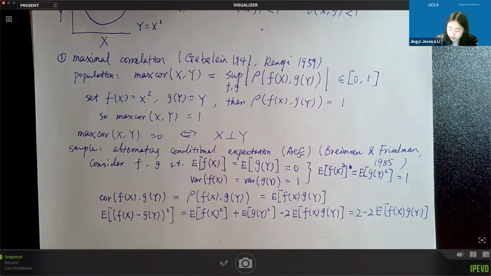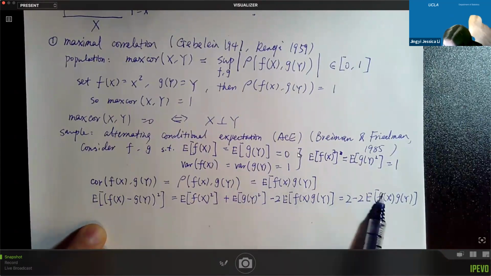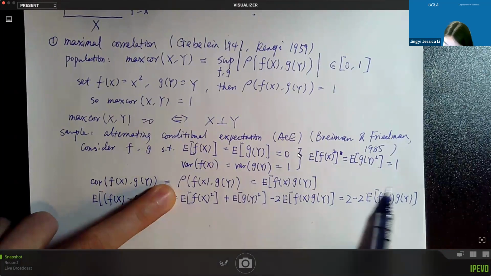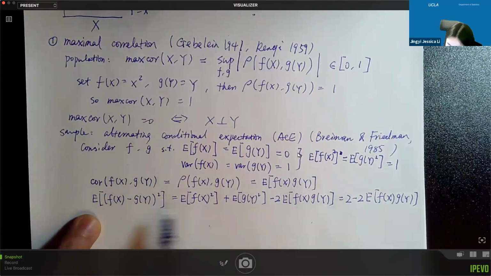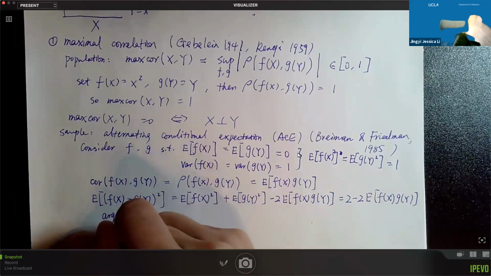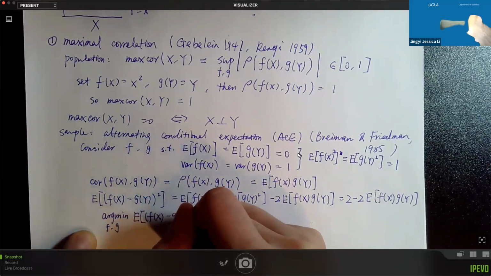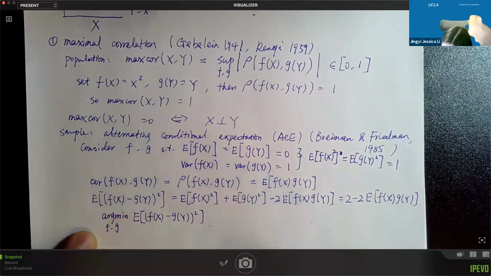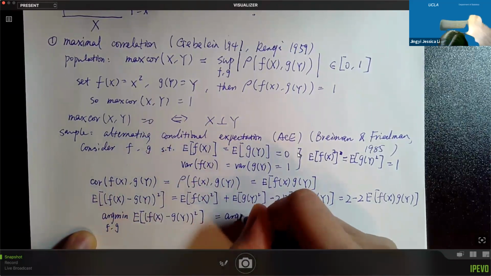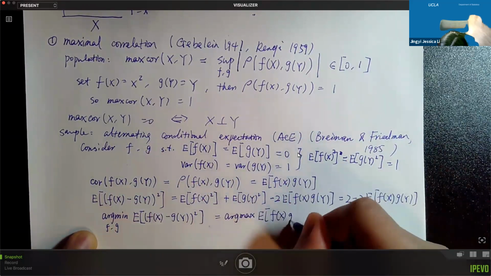And then you can see, because of this relationship, if I want to maximize this term, the expectation of f(x)g(y), which is my maximal correlation, it's equivalent to minimizing the left-hand side. So what I mean is that the argmin over f and g of the left-hand side, expectation of f(x) minus g(y) squared, is equal to the argmax of expectation of f(x) times g(y).